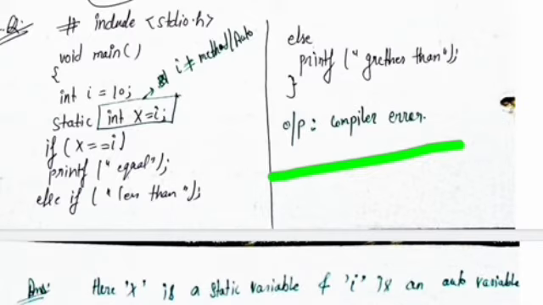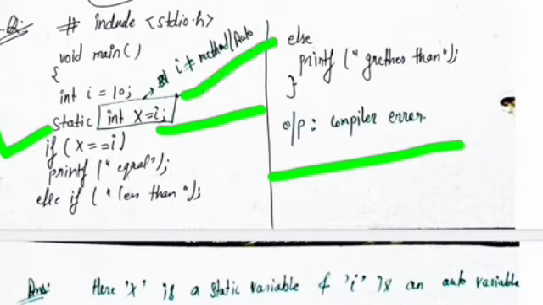Why? Because we know that a static variable is not initialized with other variables; it contains only constant values. Due to this, here i is an auto variable, so it gives a compile time error.